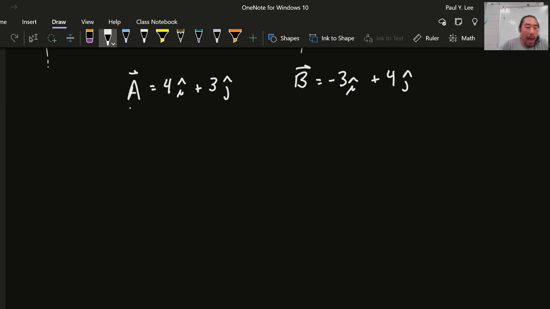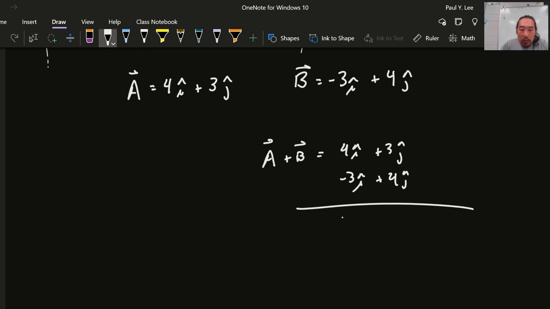So A plus B is equal to 4 i hat plus 3 j hat minus 3 i hat plus 4 j hat, right? And all this is equal to 1 i hat plus 7 j hat. Okay, so this is what C is equal to.